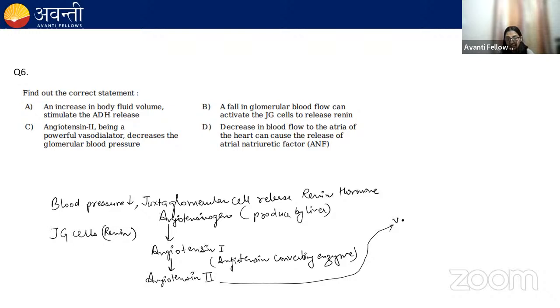Thus angiotensin 2 acts as a vasoconstrictor. When it acts as a vasoconstrictor, that means it will narrow the lumen of the vessel. So it will increase the blood pressure. If the blood pressure increases, the glomerular filtration rate also increases. This angiotensin 2 also acts on the adrenal cortex and stimulates it to release aldosterone.